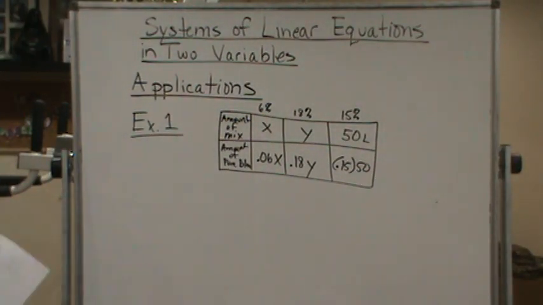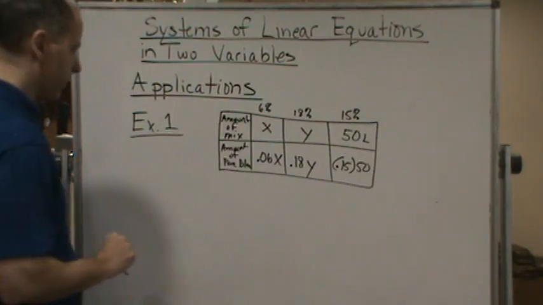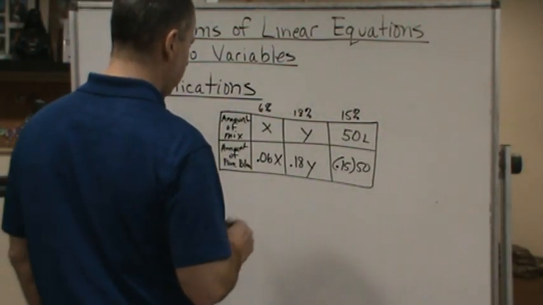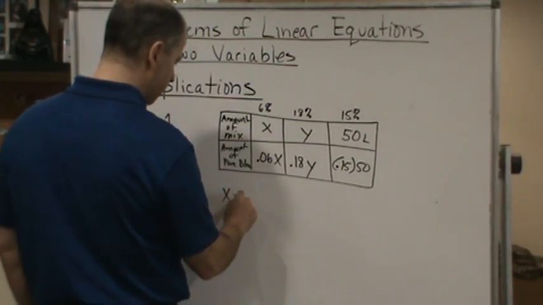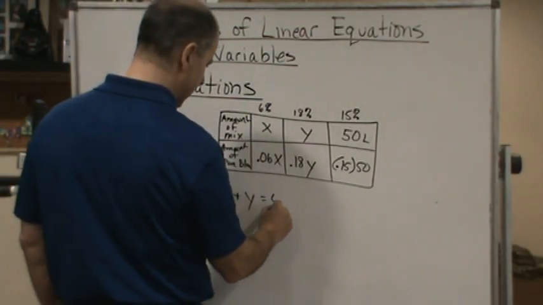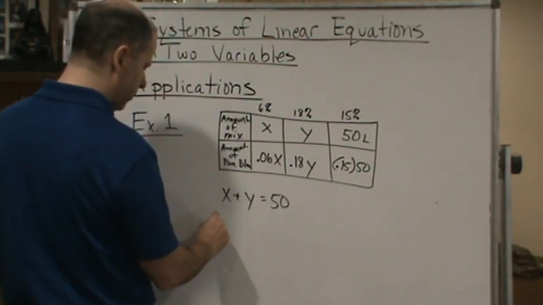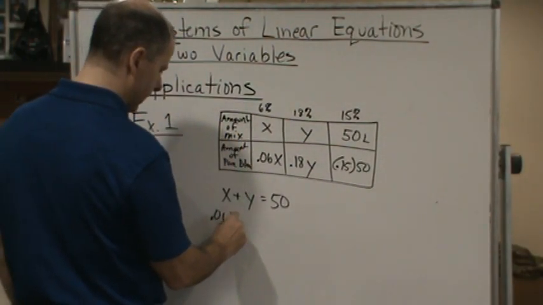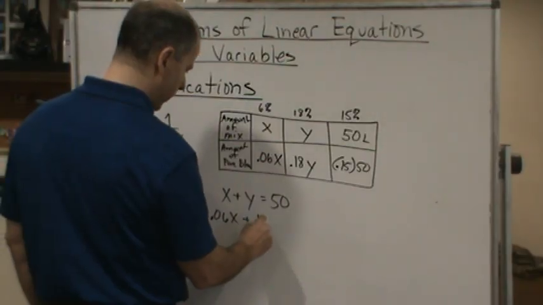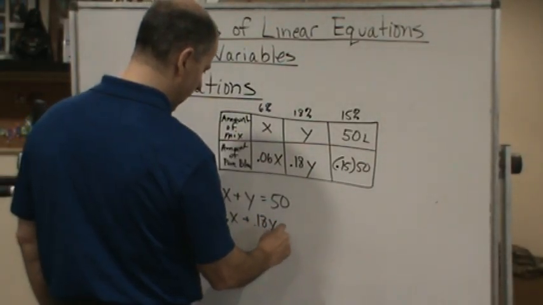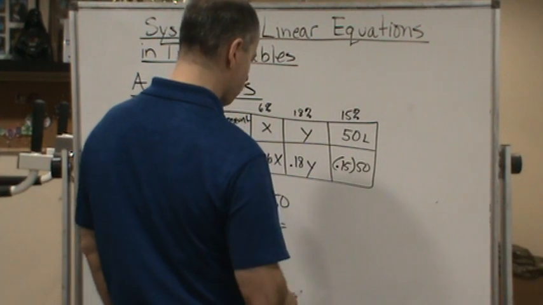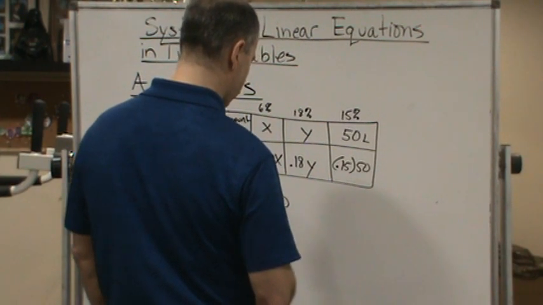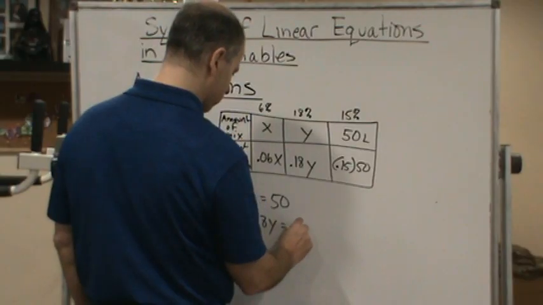And now we can set up our two equations with two unknowns, right? So now what we get is x plus y has to equal 50, but we also know that 0.06x plus 0.18y has to equal 7.5.